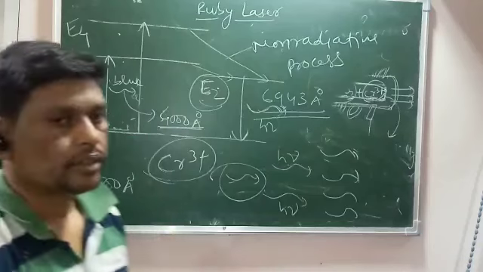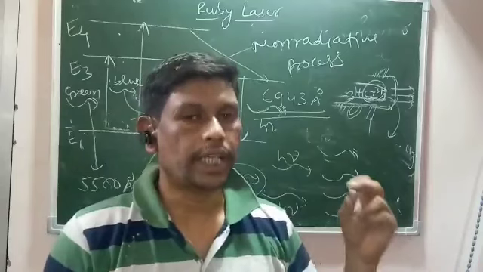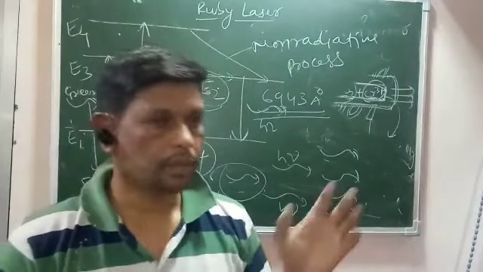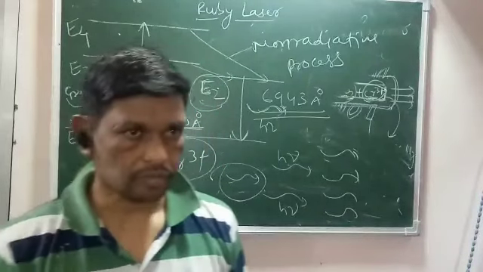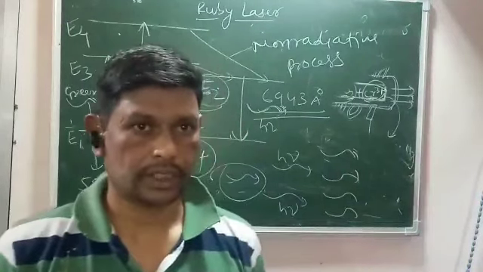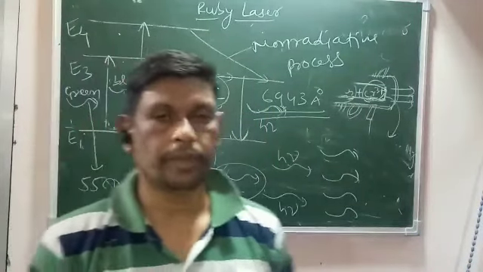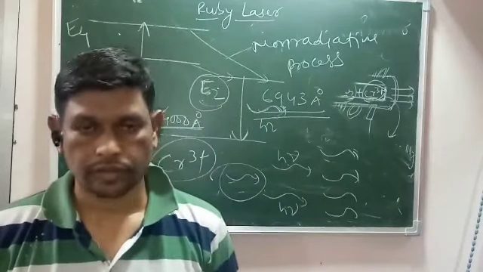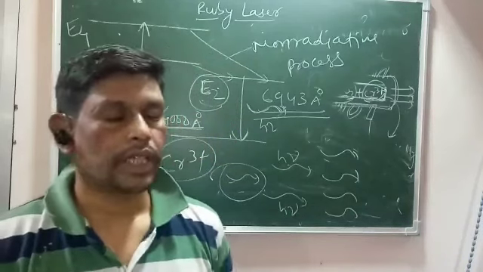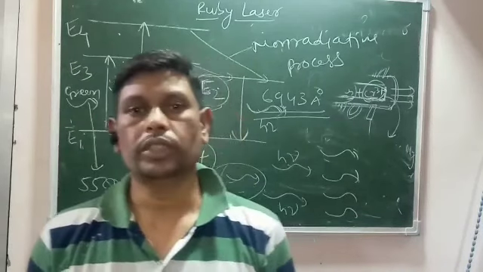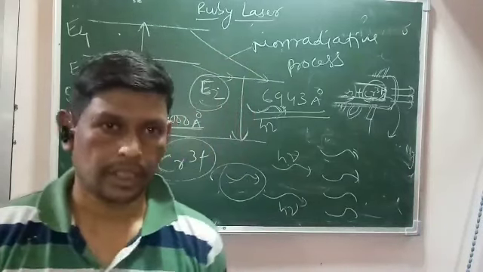The main advantage of the ruby laser is that it produces a highly intense laser beam which can be used for industrial purposes like welding, melting, etc. But it is not continuous. That is a disadvantage, so it cannot be used for experimental purposes, medical purposes, defense purposes and others.